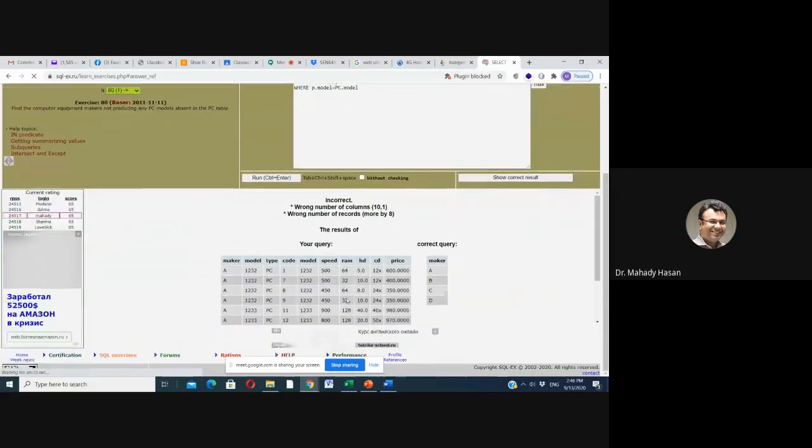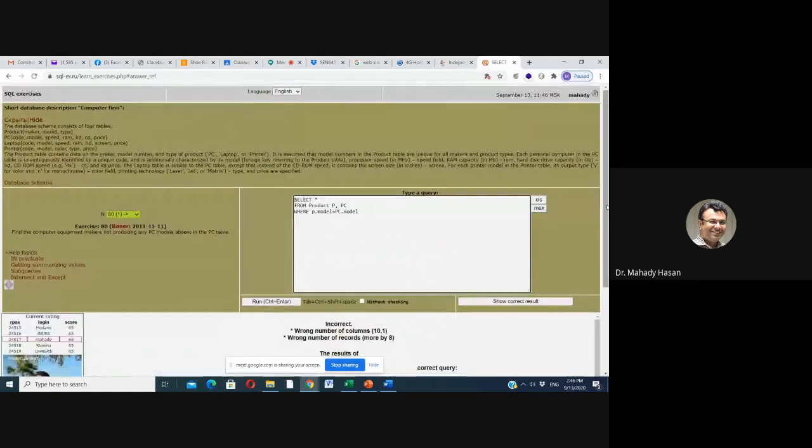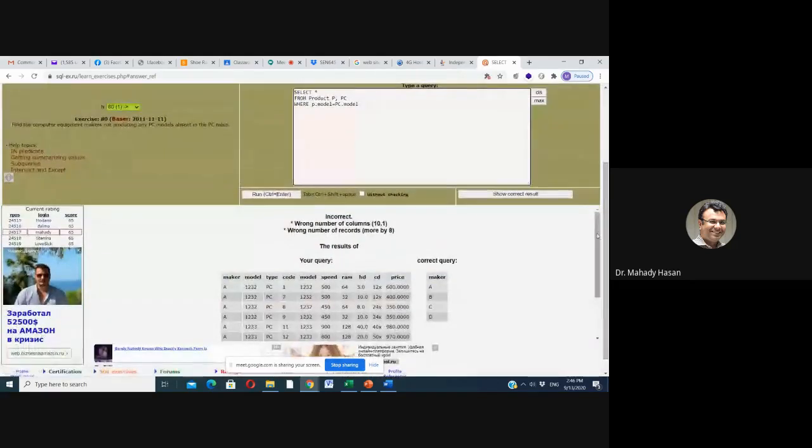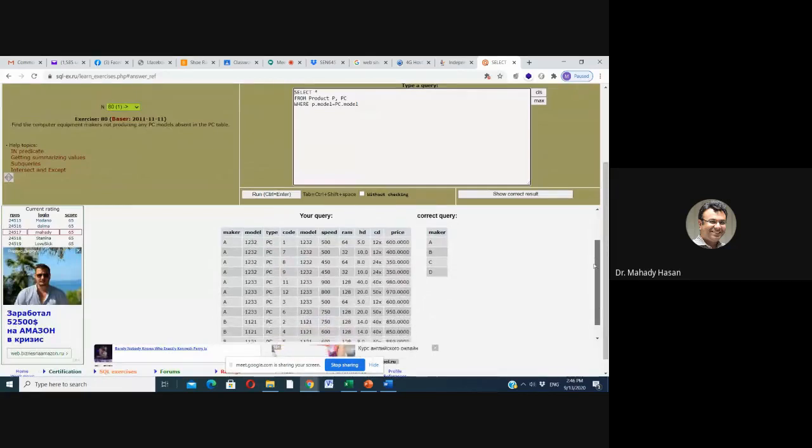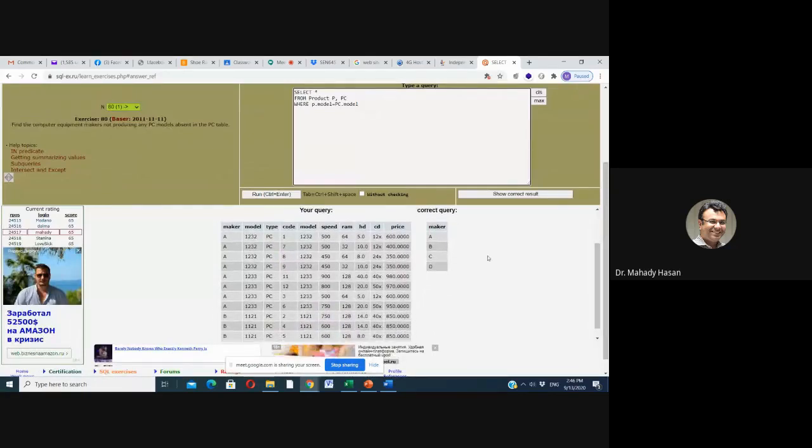But the question is a little difficult for me to understand. Can anyone clarify the question to me? So here I can see all the pieces. The model is basically repeating again and again.